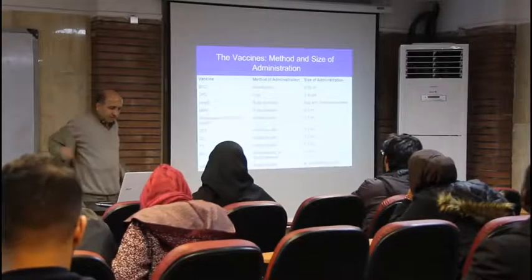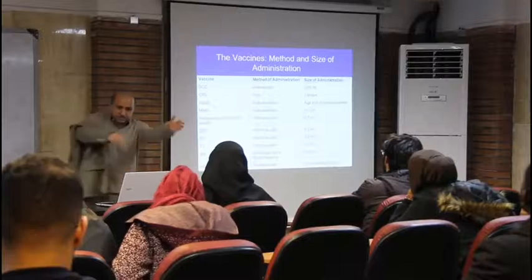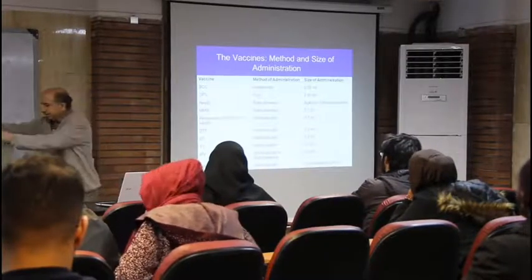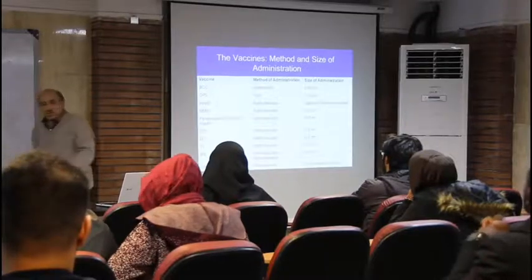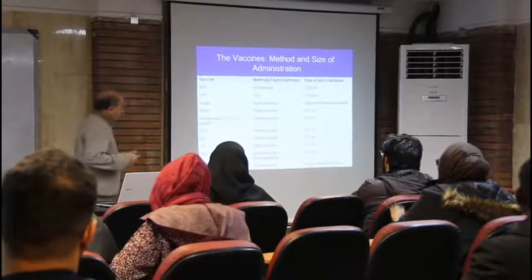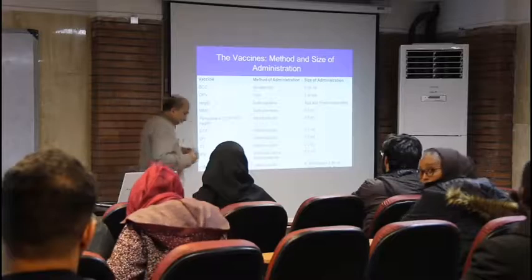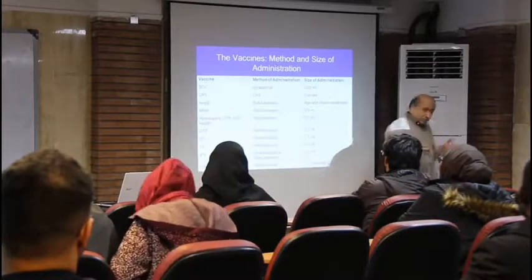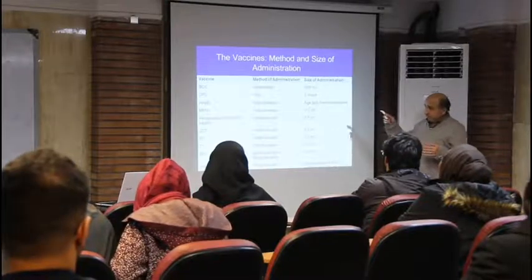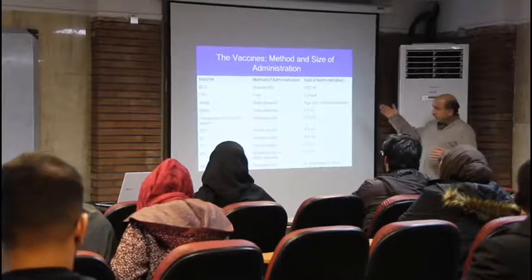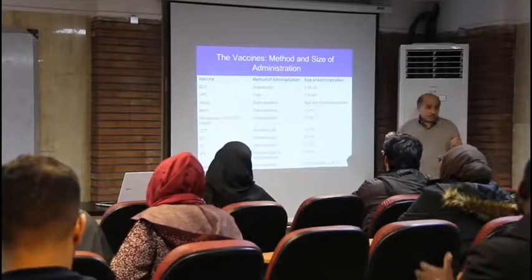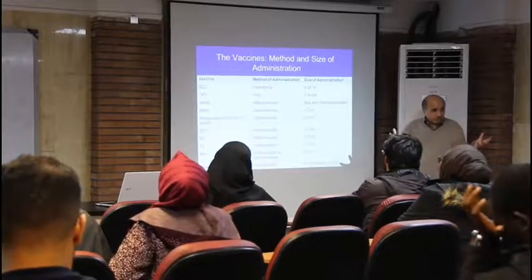So here we have something else about method and size of administration, because you know that we should administer each of them differently. For example, for BCG, the method of administration is intradermal. You know what intradermal means?